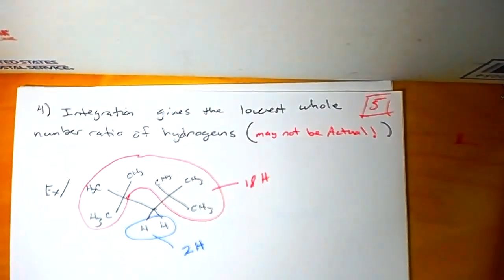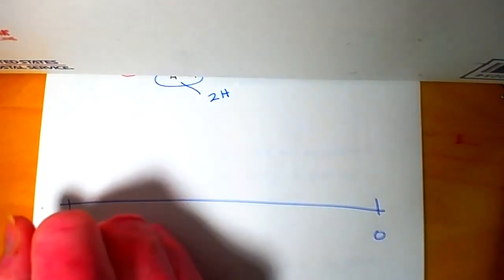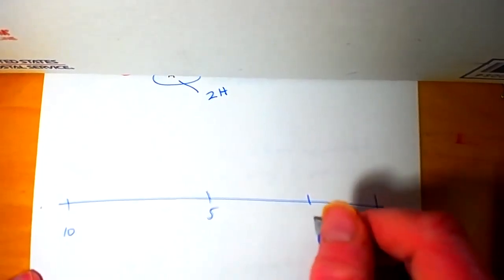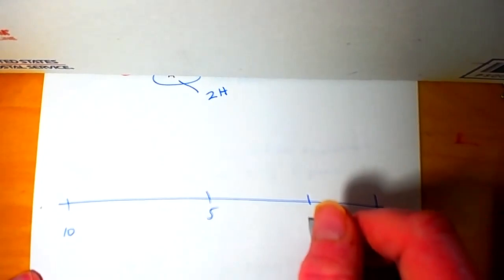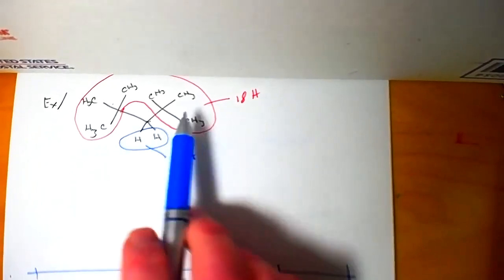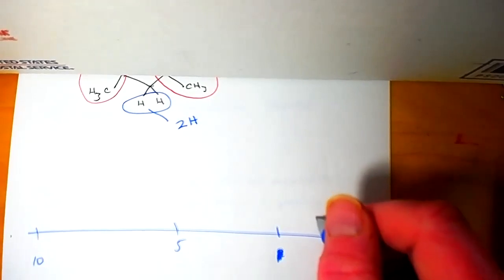If you were to guess what that looked like in the proton NMR, this is not to scale, but I suspect everything is going to be between 0 and 1 because there are no electronegative elements. This one is a little bit more substituted than all of these hydrogen atoms out here on the methyl groups, so this signal is probably going to be a little bit further downfield, so you're going to see 2 singlets.